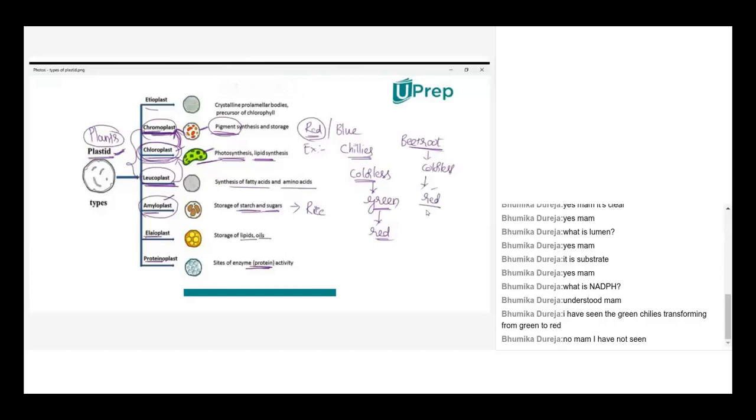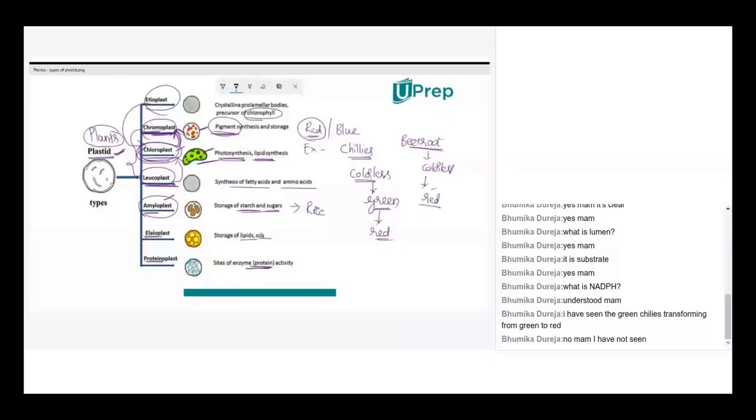Etioplast is the one which will store the chlorophyll molecules in the initial stage. Later they'll get converted to chloroplast. So it's like different transformations from one stage to another stage during the plant growth. Various plastids you will find in the form of pigments and green color. You have not seen the beetroot deep buried under the soil.